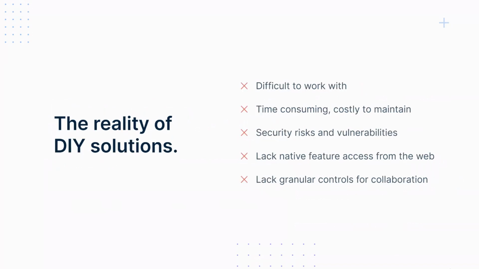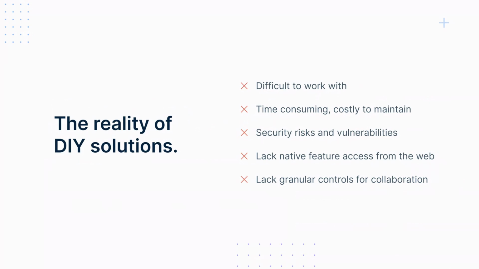And so the reality of them all doing this themselves, because everyone recreates the wheel here, is that it's difficult to work with, using the stock web views. It's time consuming and costly to maintain. Even if you're a large enterprise like Apple or Netflix, it's not a great use of your time. You've got security risks and vulnerabilities that you have to keep on top of because, again, you only get low level access to these web views.